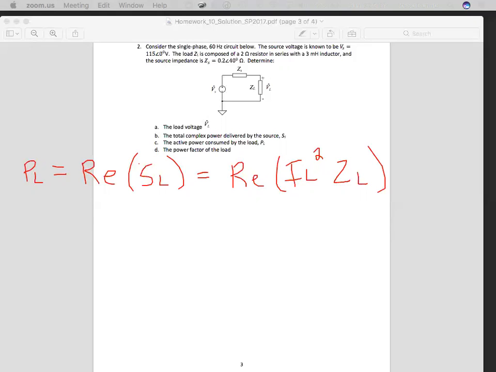We can find this as IL squared times the resistance of the load.